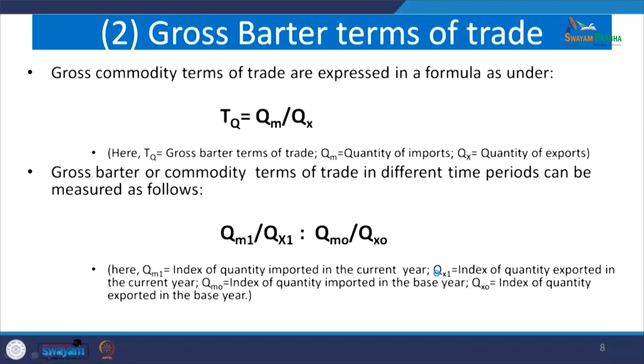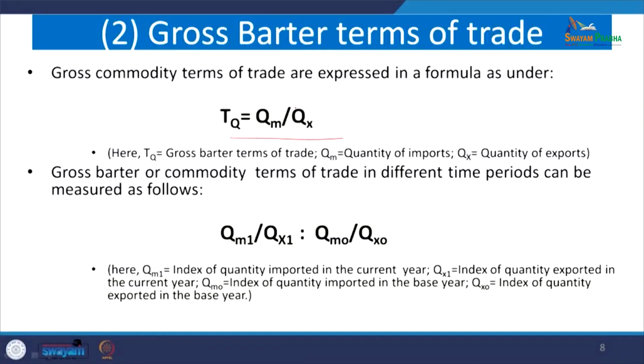Now, let us examine another aspect, gross barter terms of trade. So far as gross commodity terms of trade are concerned, initially we said price of export and import, but in the case of gross barter terms of trade, the net is usually expressed in terms of relative changes, reflected with price of x by price of y.